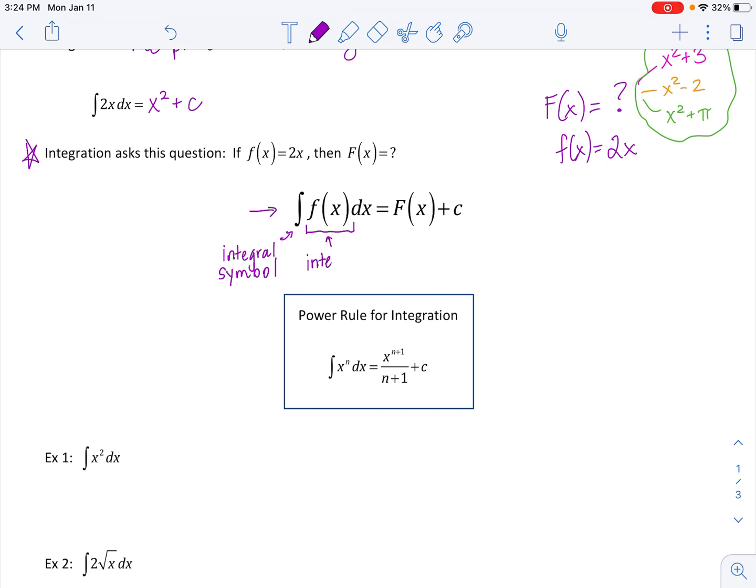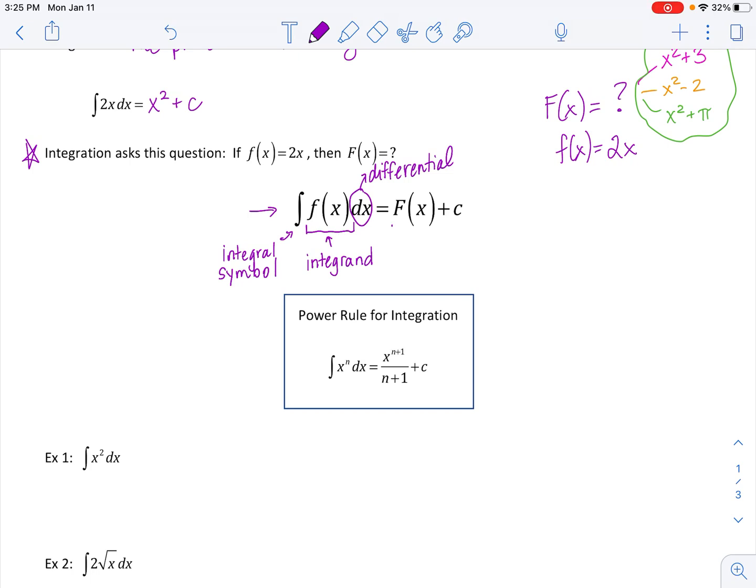Like radicals have radicands, integrals have integrands. And then the dx is what we call the differential. It doesn't have any meaning yet. After we get through a couple sections in chapter 4, we'll reveal its meaning. So stay on the edge of your seat.